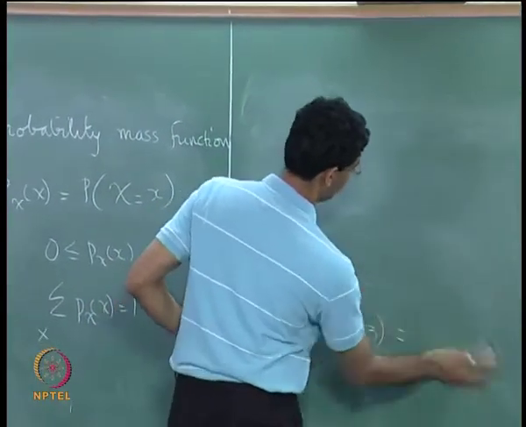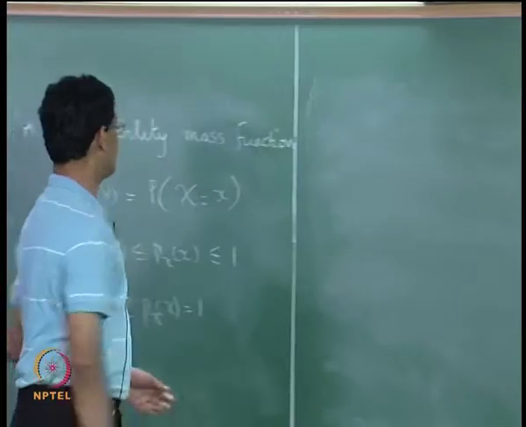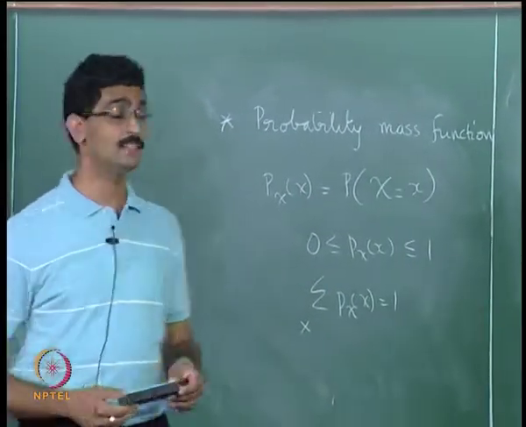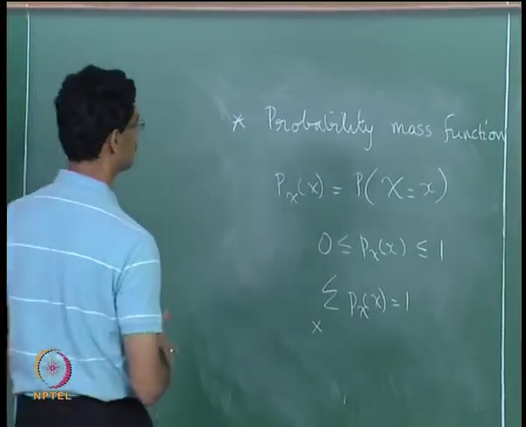So the mass function defines the probability that a random variable takes a given value x, and we will see examples of some of these as we go along.